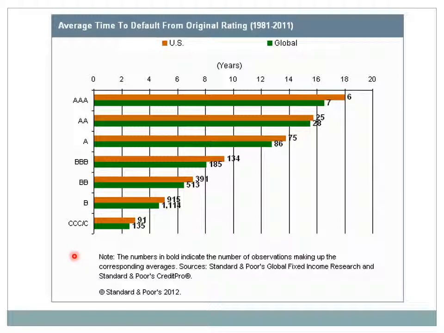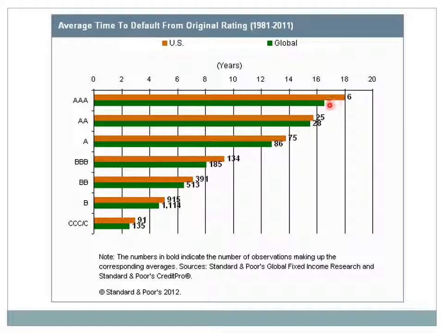This one again is kind of the same thing, only in a bar graph. The average time to default from the original rating, and this is from 1981 to 2011. For AAA bonds in the U.S., there were 6 U.S. firms that were rated AAA and then 18 years later defaulted.